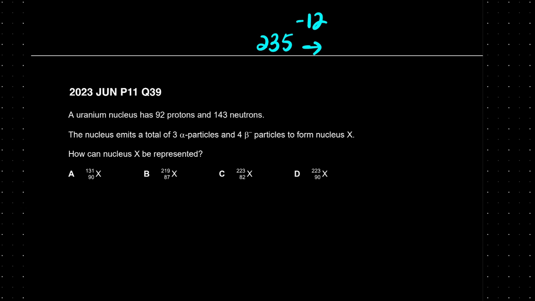So 235 minus 12 is 223. So it's either C or D. And now if I think about the proton number, which was 92, because we have 3 alpha particles, it reduces by 6. But because of the beta particles, it increases by 4. So minus 6 plus 4, so it just decreases by 2. So it's D.